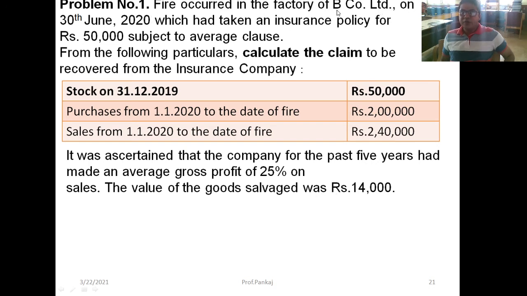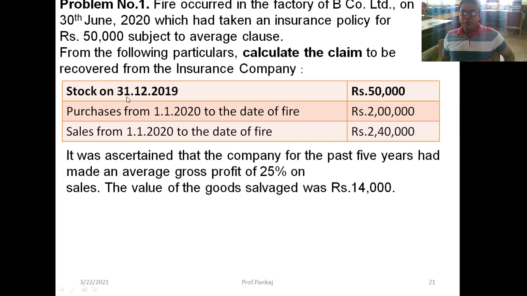Now friends, B and Company have a factory, and fire occurred on 30th June. Here they have provided the stock on 31/12/2019. It means it is the closing stock of 2019. The next day, that means on 1st January 2020, it will become the opening stock of 50,000.